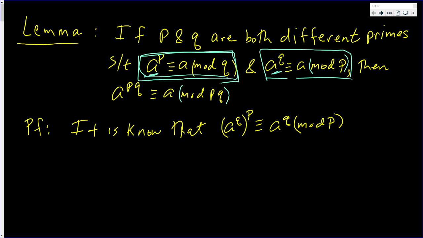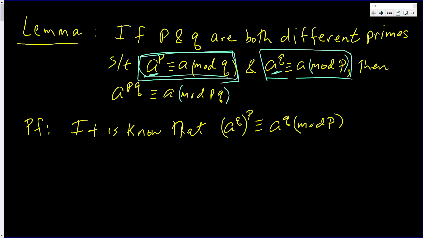You're more familiar seeing it with big A: a to the p is congruent to a mod p. All they're doing is changing capital A. They are calling it a to the q, which is fine as long as they're integers, and they are. p and q are prime, which means they're positive integers, and a is positive. So we know that.